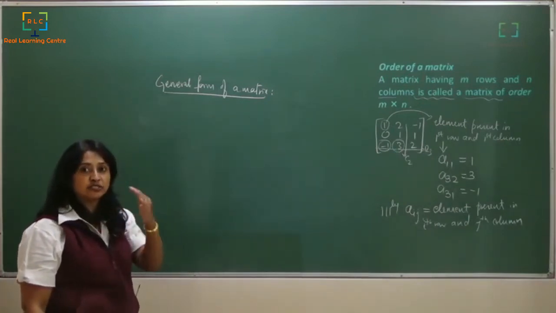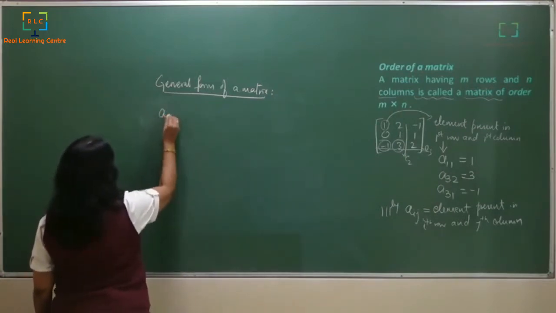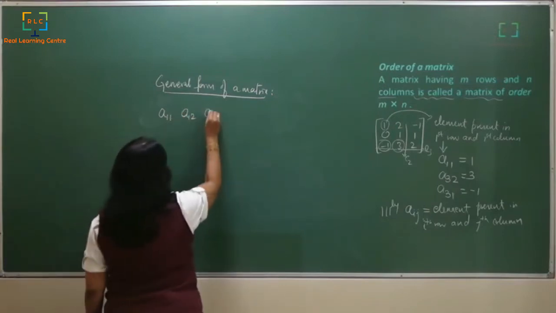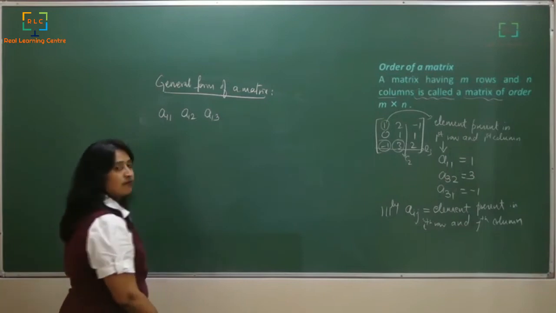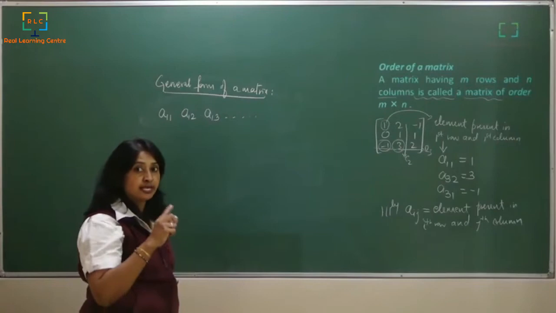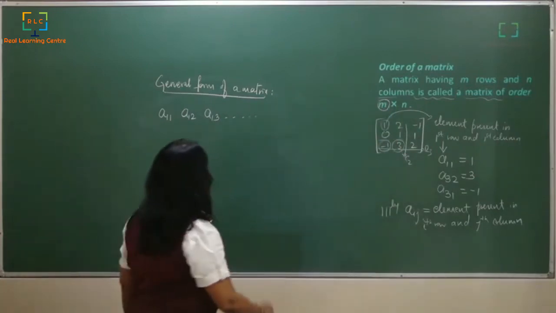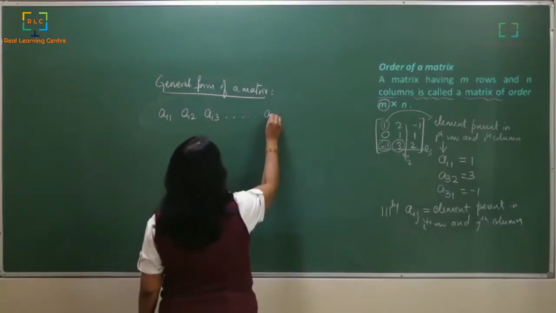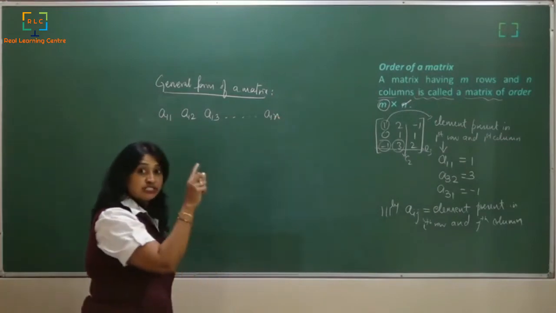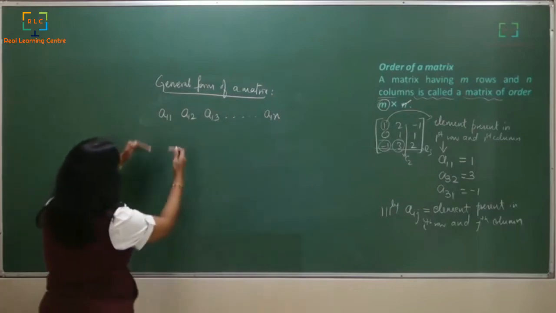When I use i and j, how is it going to look? It's like this. I'll go to the first row: A11, first row second column A12, first row third column element is A13, and so on. How many rows am I going to take? I am going to take m rows. There's a standard letter that we use for the number of rows. So I shall go till A1n, the number of columns being n. The first row and n columns, so A1n. Now like this I am going till the mth row.